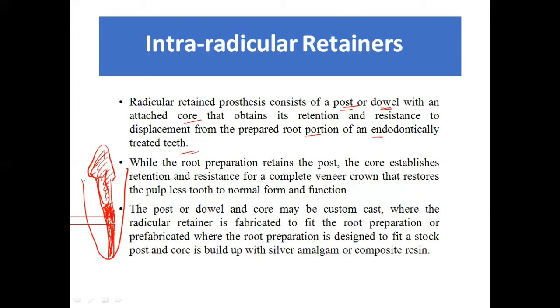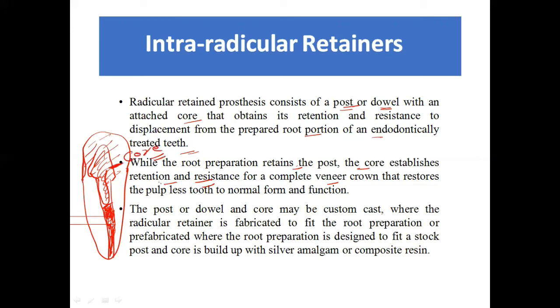Then we have to take an impression and your crown placement has been done accordingly. While the root preparation retains the post, the core establishes retention and resistance for the complete veneer crown. This is the core.